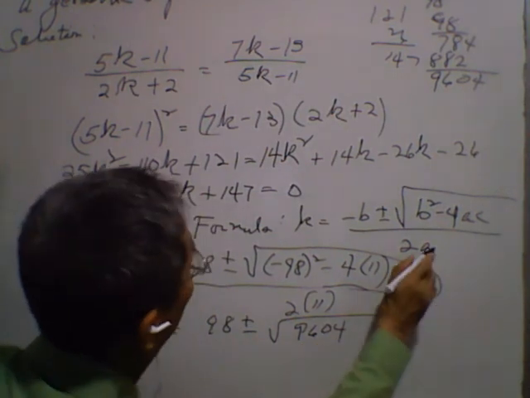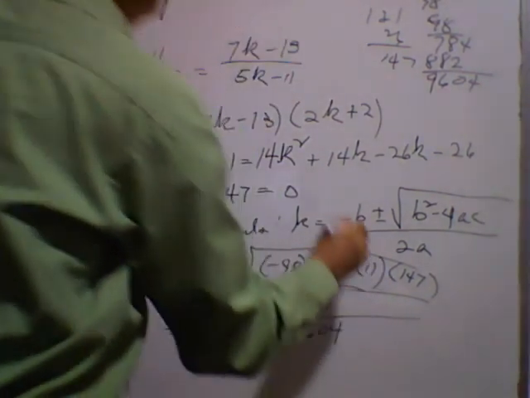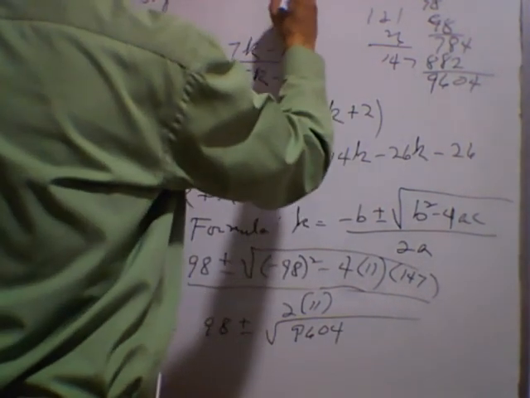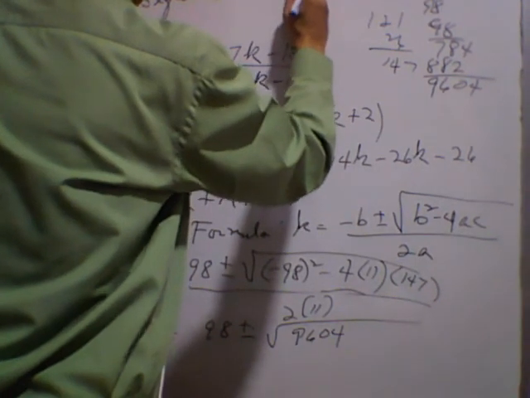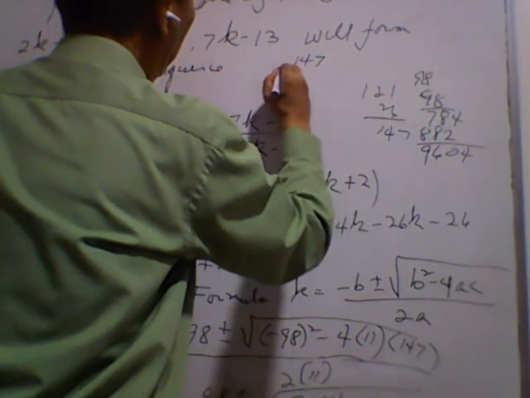So this one is 4 times 11 is 44, times 147. So 147 times 44.